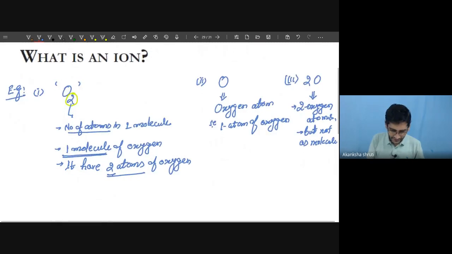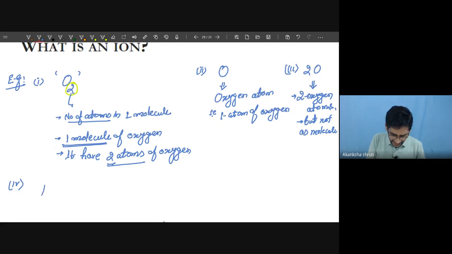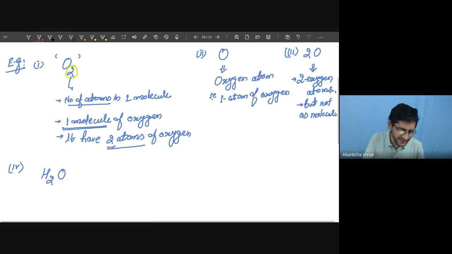Students, let me take the fourth example. If I am taking H2O, what does it represent? First, how many types of atoms are there?